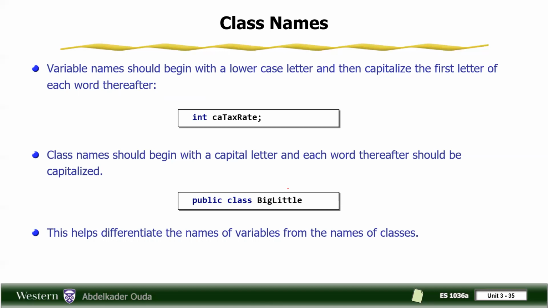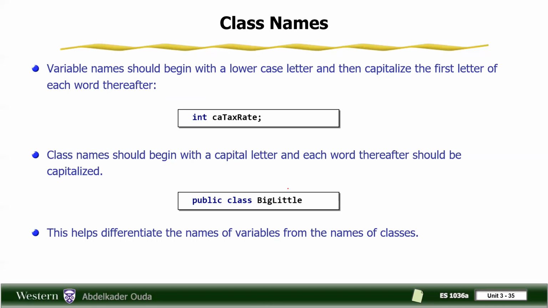So identifiers start with a small letter but each following word is capitalized to be readable, while the class name starts with a capital letter.